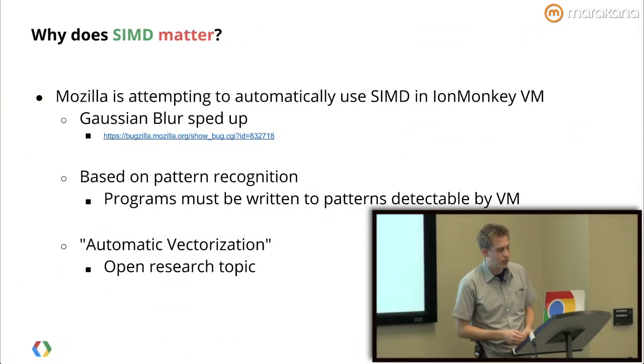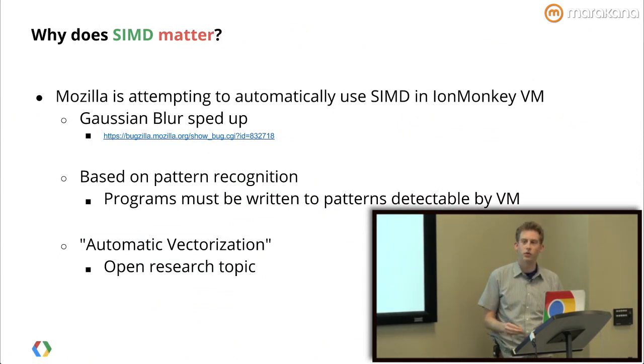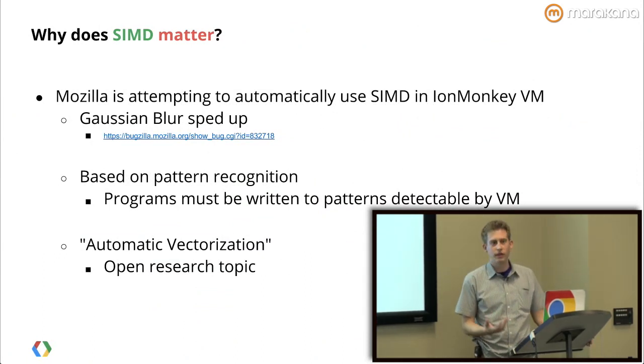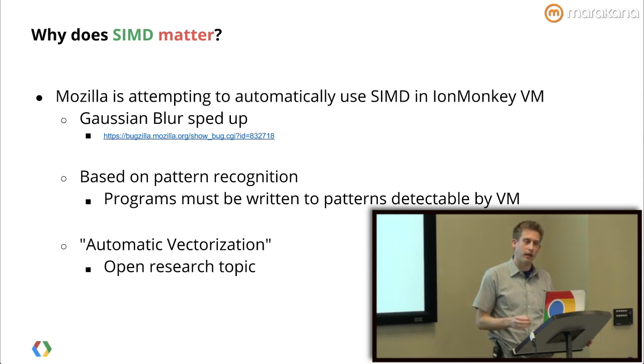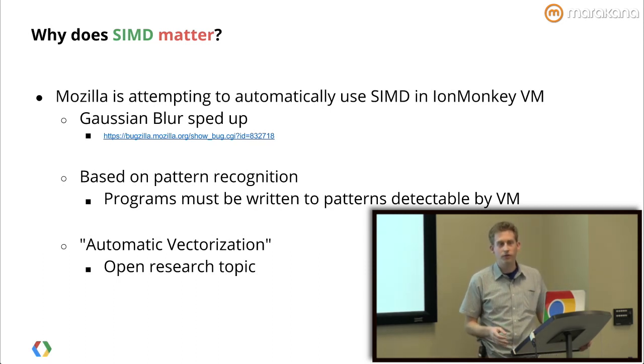So here's an interesting thing. Mozilla is actually attempting to use the SIMD coprocessors in all of our CPUs automatically. And so what they're doing is they're looking at the AST of your program and kind of shaking it and looking and saying, okay, actually, right in this one little spot, we could use SIMD here. This is called automatic vectorization, and it's an open research topic. It's very difficult to get right.